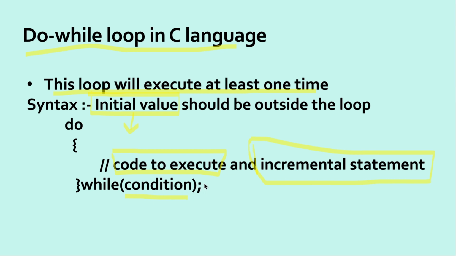If the condition is true, then the code written in this loop will be executed again, and the initial value will be incremented. This will happen until the condition is true. Once the condition is false, we will exit this loop. So this is how the do while loop works.